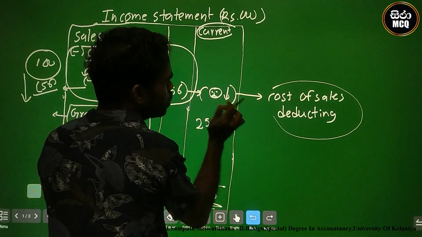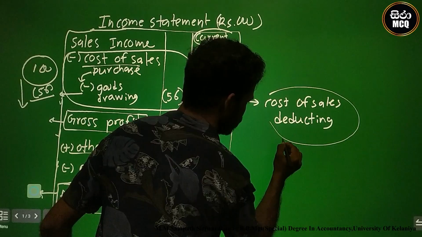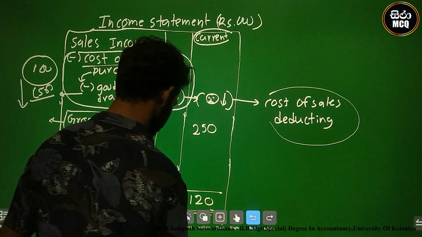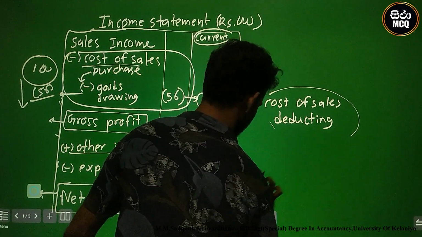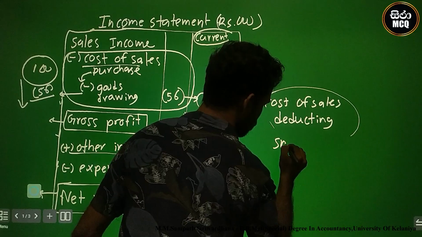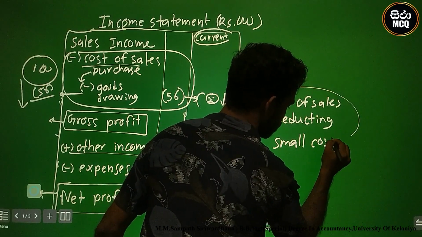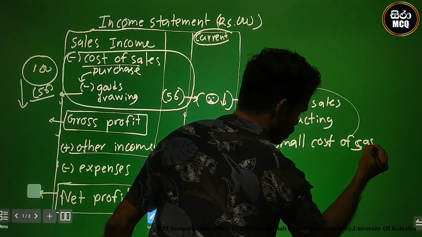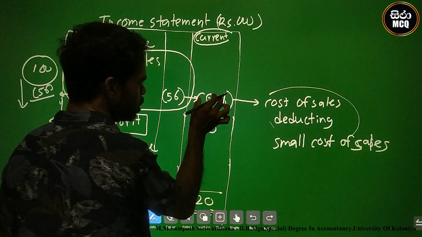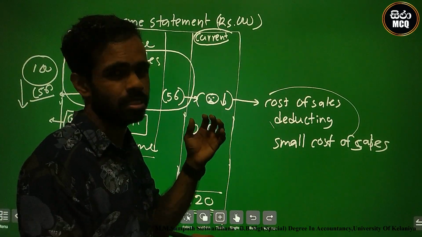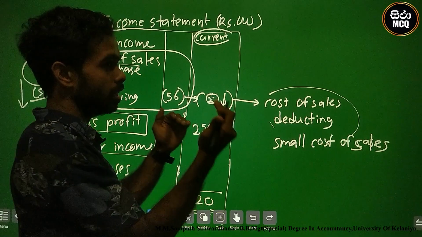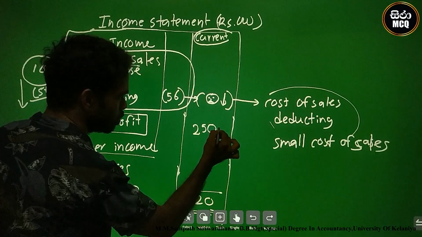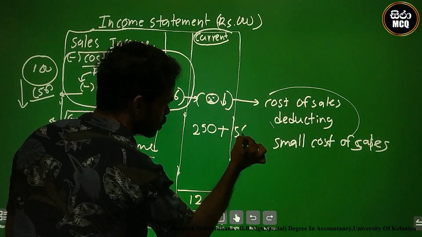There is a small cost of sale, a small circle in the cost of sale. At this time, the cost is deducting. The cost is deducting. The gross profit must be increased.